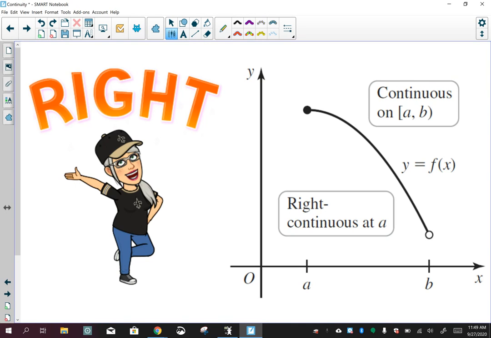But I am going to be continuous here at A going towards B. So this is called right continuous at A, because I am starting at A and I'm going right. And so I'm continuous here. I'm not continuous here, but I am right continuous. So as I go right, as I go towards B, I am continuous all the way there until I get to the B value.